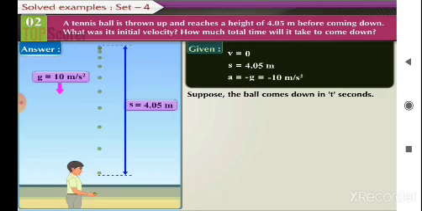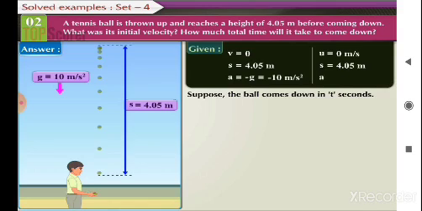Suppose the ball comes down in t seconds. Now the initial velocity of the ball is 0. U is equal to 0.